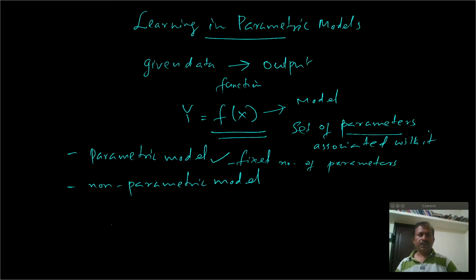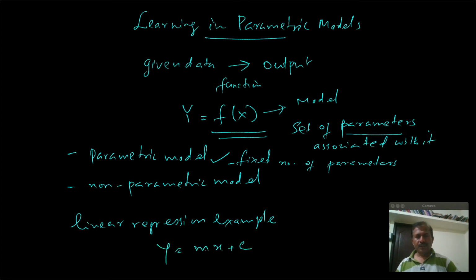For example, in a linear regression example, you learn a curve something like y is equal to mx plus c, right? So these coefficients and the parameter c, basically we have two parameters here.